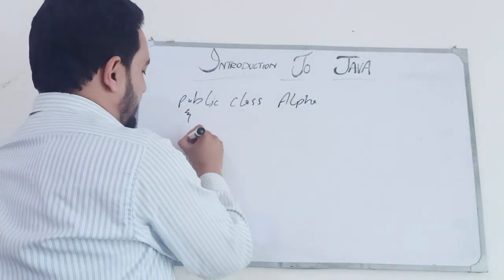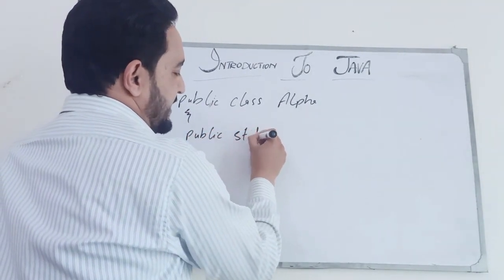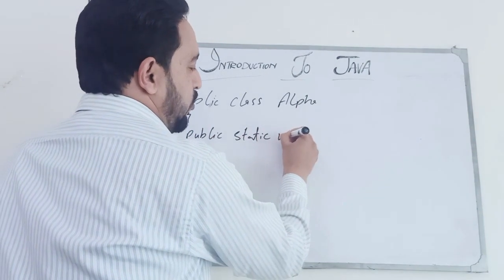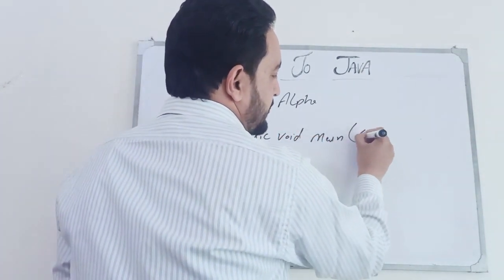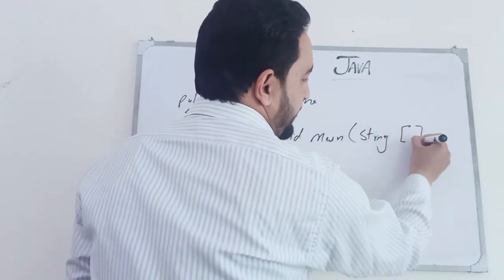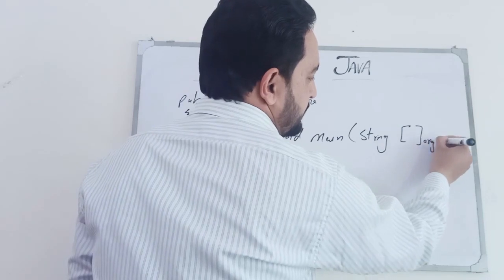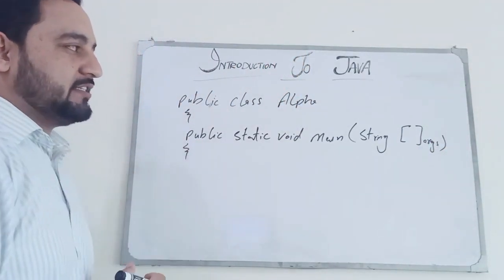Then we will write the main method: public static void main, String args. And we will start the body of the method.